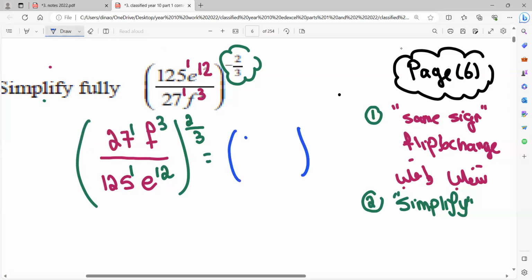Let's see. Now, the F, ما فيش F تحت, so the F remains as it is. E, مفيش E, so the E remains as it is. I can simplify this numerical part. 27 divide 125, and actually how do I divide يا جماعة? Actually this is simplified.